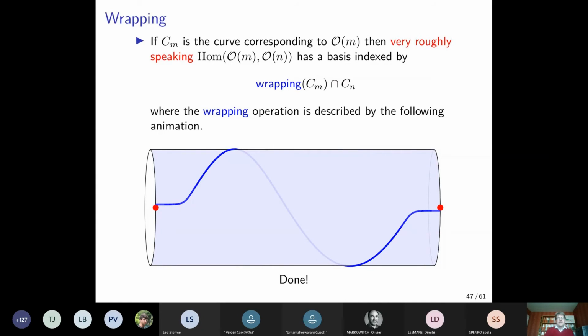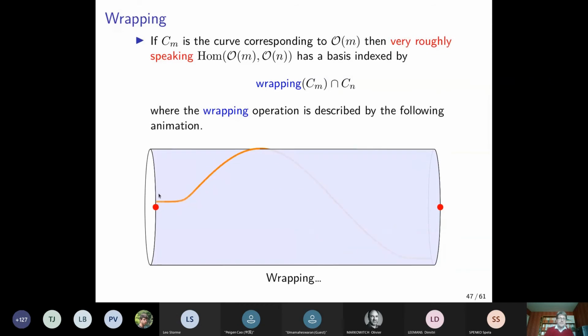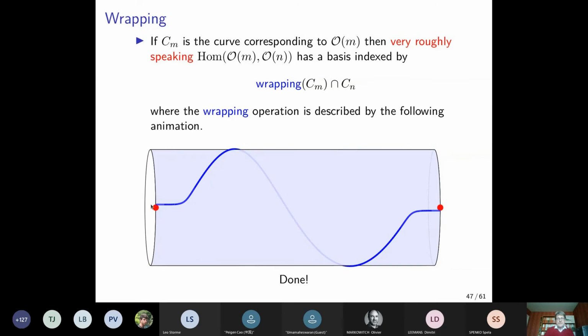Okay, so this was the wrapping, and you probably saw this end moving, but this end actually also moved, but it moved less because we were close to the stop already.